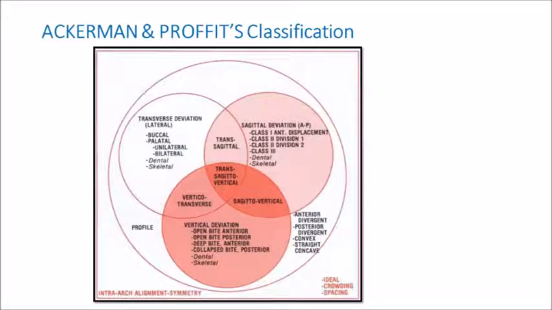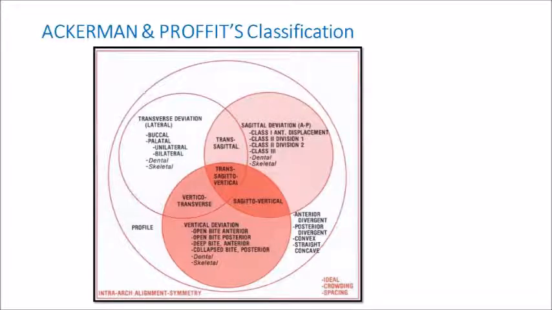The Ackermann and Proffit system also included transverse as well as vertical discrepancies, and crowding and arch symmetry were also evaluated, and incisor protrusion was also taken into account. It is a symbolic system of classification making use of Venn diagrams. Basically it is classified into 5 major characteristics.